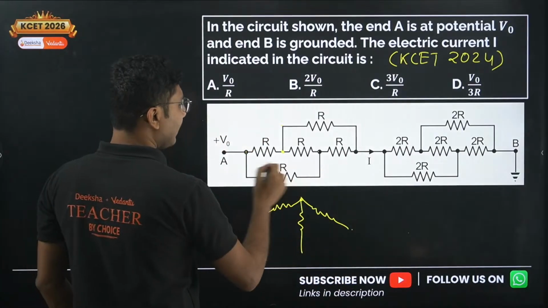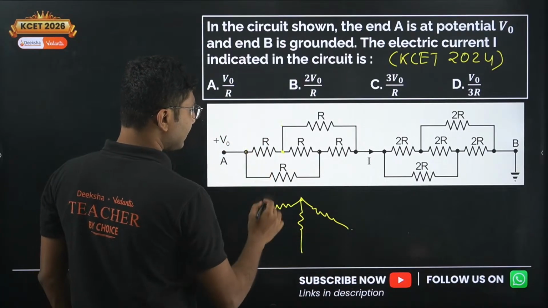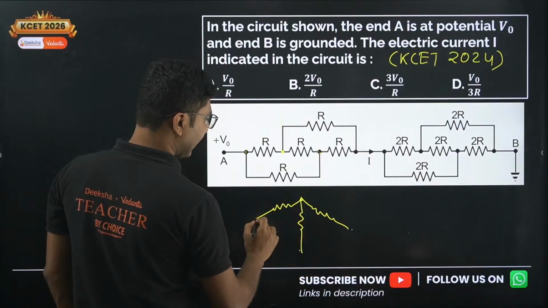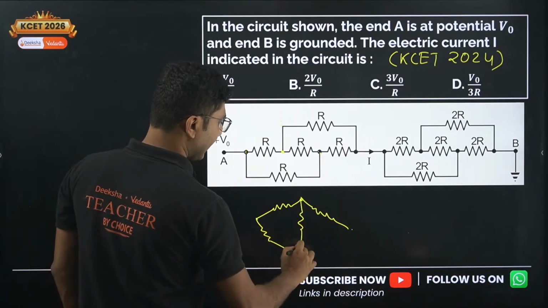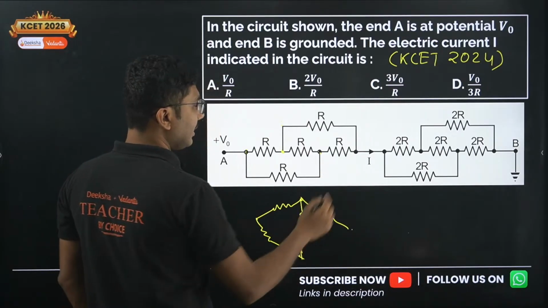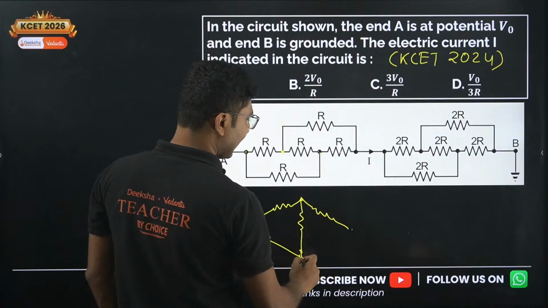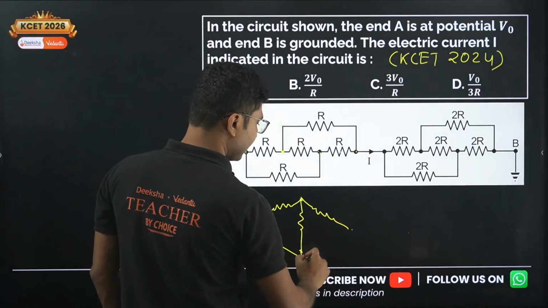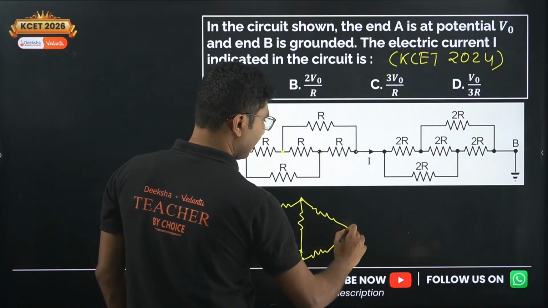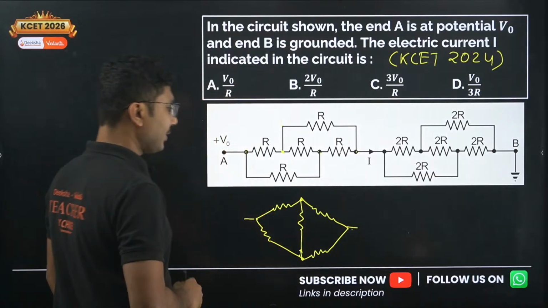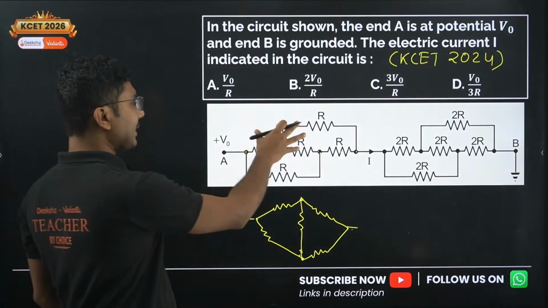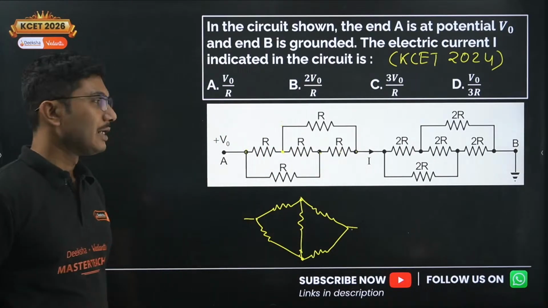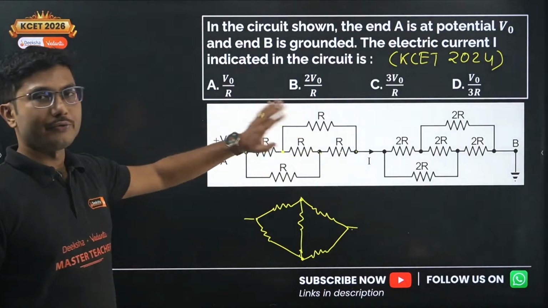The second resistance starts here and ends at the second end. Similarly this resistance starts at the end point and meets the first resistance. So this is basically nothing but our Wheatstone bridge. So this circuit and this circuit are the same. This is a way to draw a Wheatstone bridge.